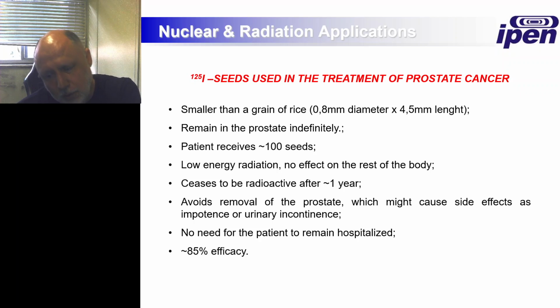You put several of those, maybe 100 seeds or so. They are all bound to a small wire. It's like a sewing thing, and you just put all of those around the prostate.